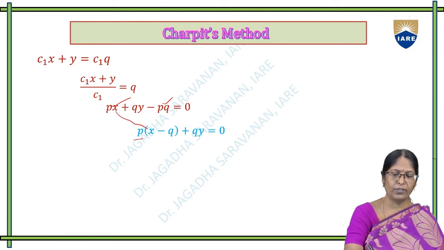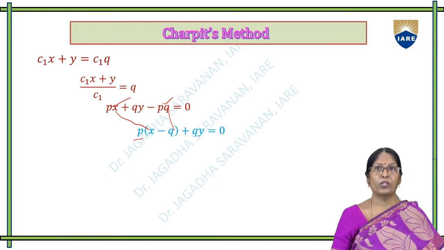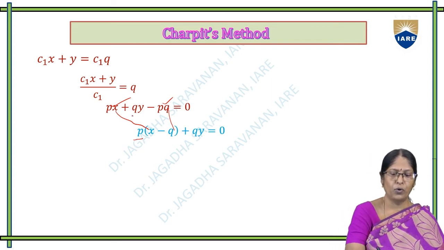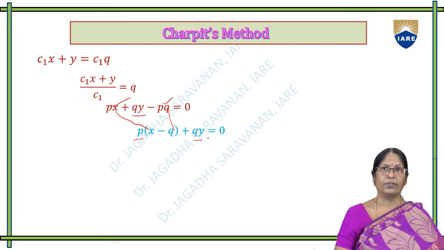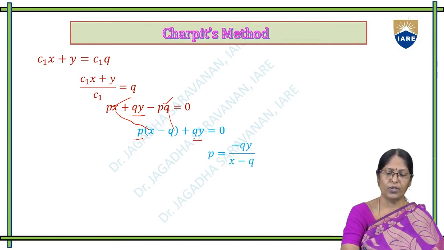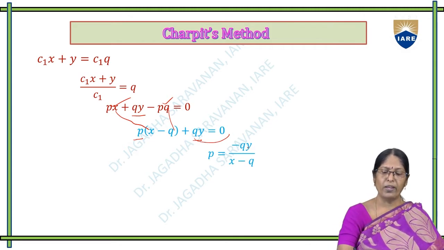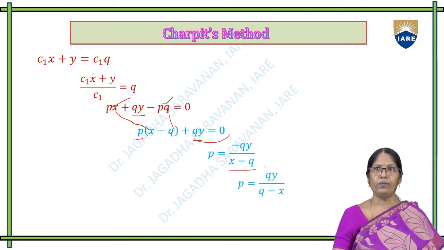Here the balance is x, here the balance is q. So p of x minus q, since p is common. This qy is written as it is. Next, p equal to minus qy, we just brought the qy to the other side. So minus qy by x minus q.